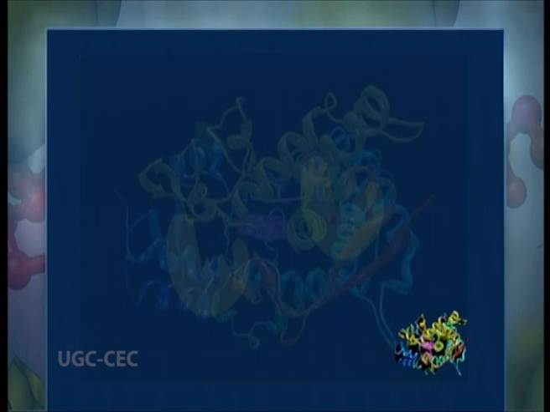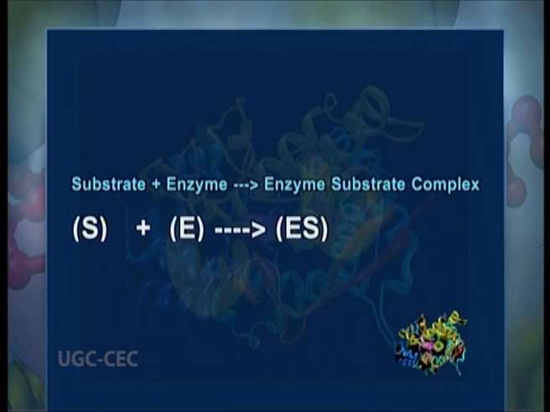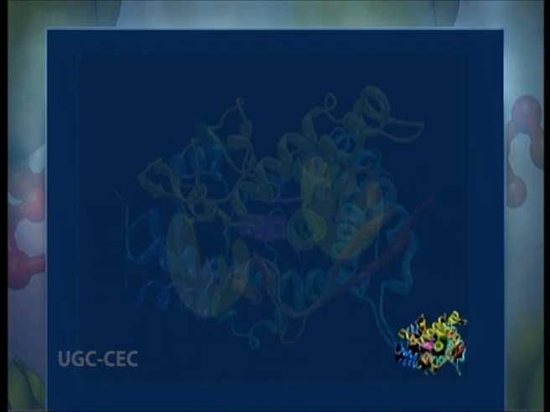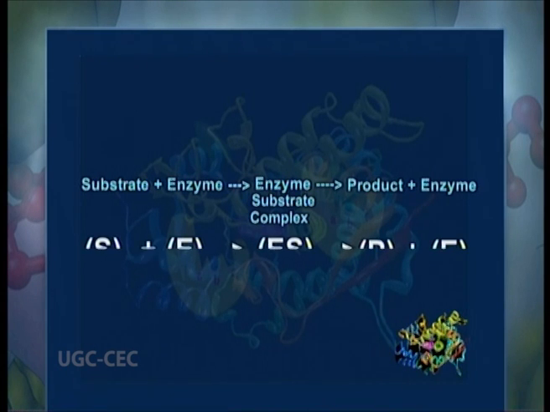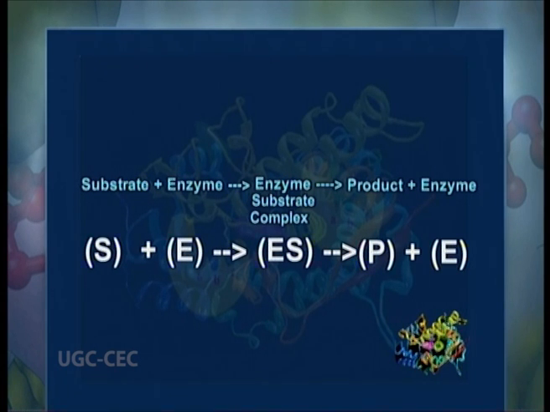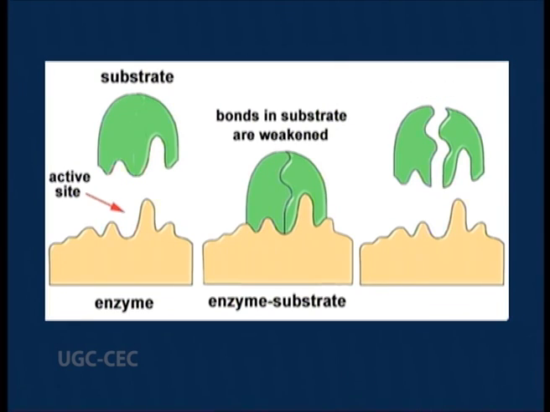The reaction can be represented as substrate plus enzyme gives rise to enzyme substrate complex. If this reaction is combined with the original equation 1, then the reaction becomes substrate plus enzyme gives rise to enzyme substrate complex, which again gives rise to product plus enzyme.